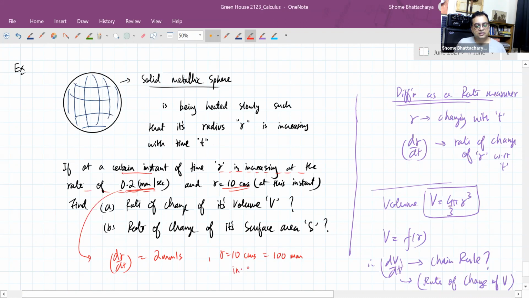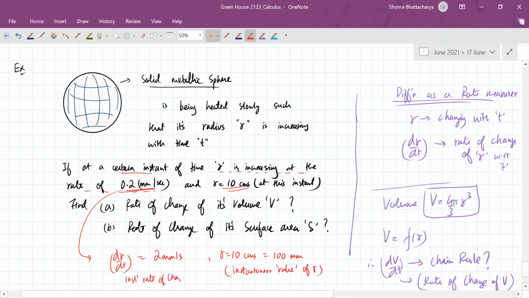This is the instantaneous value of radius, and this is the instantaneous rate of change.